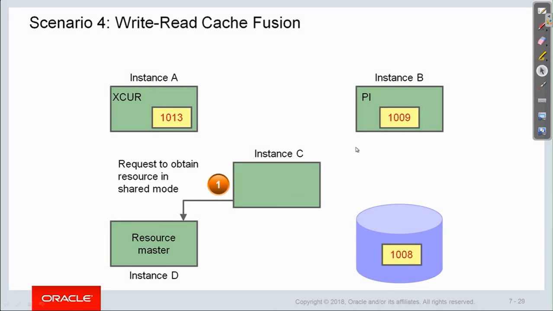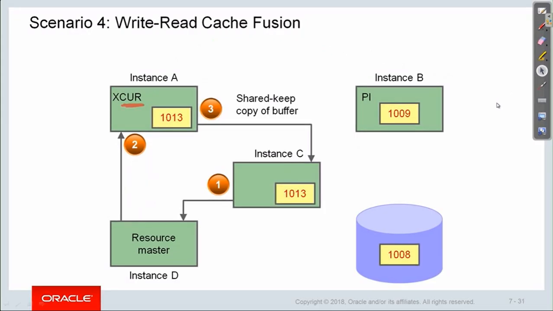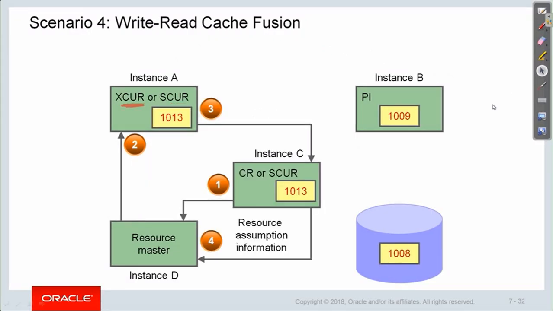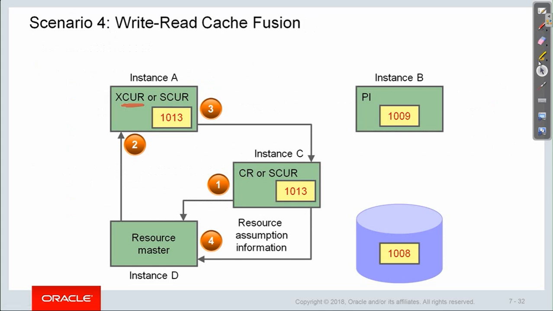And also we have another example. Instance C is requesting a block for read. The most current block is in instance A right now. So instance A will release the block for instance C, and instance C receives it. The buffer state in instance C may be a consistent read block or shared current block.